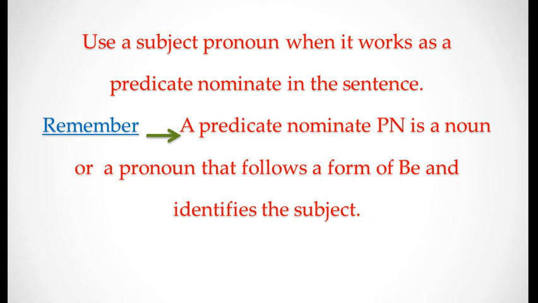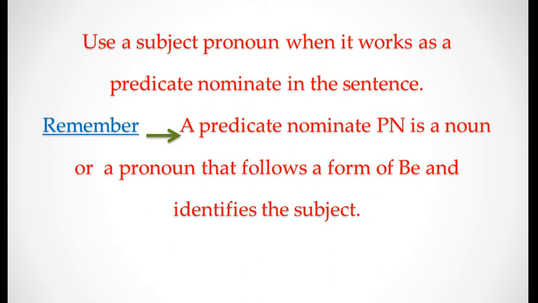A predicate nominative, or PN for short, is a noun or a pronoun that follows a form of be, the verb to be, in past or present, and identifies the subject.